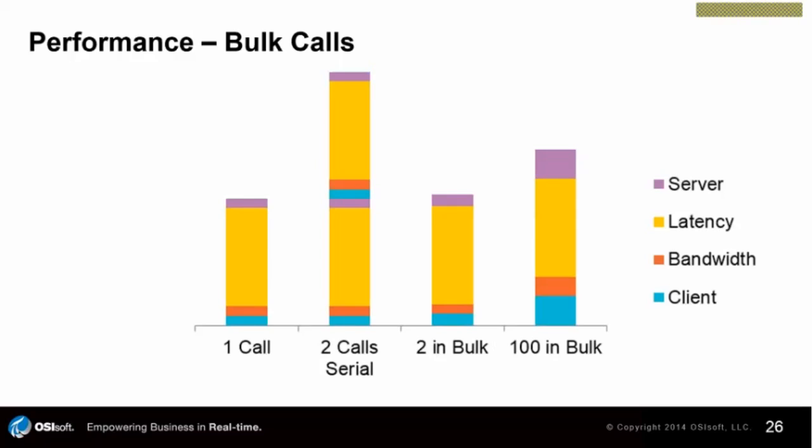So as an example, relatively speaking, today you can make 100 calls in bulk in less time than making two single calls in serial. This is the type of thought process and improvement that we have put into the underlying subsystems in the Pi server to ensure that we have the performance from a data access perspective to feed the new calculation engine.